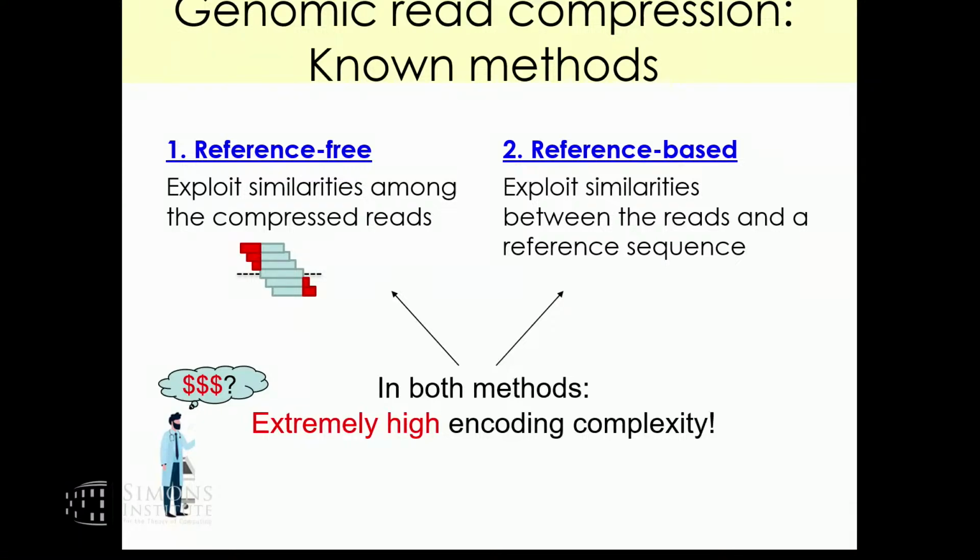Another option, if you don't want to use a reference, is to do some clustering to group together similar reads, and then you get the benefit of similarity to compress them. But that's also very heavy in computation on the encoder. And if we think about a doctor's office that needs to run those complex encoders, it may not be economically viable. So in this work, we try to avoid high complexity encoding.